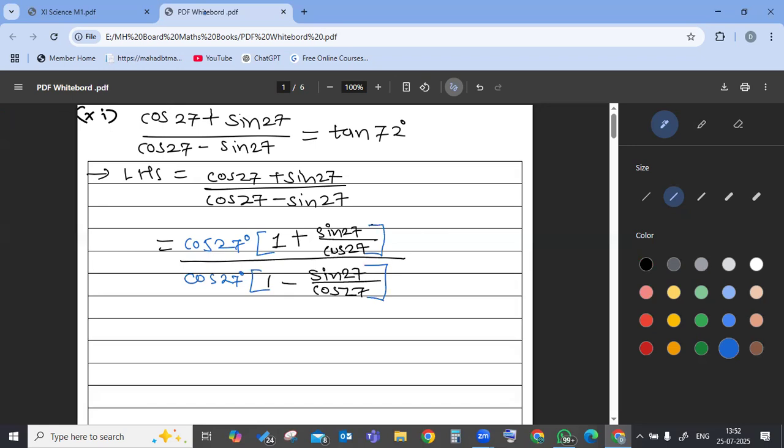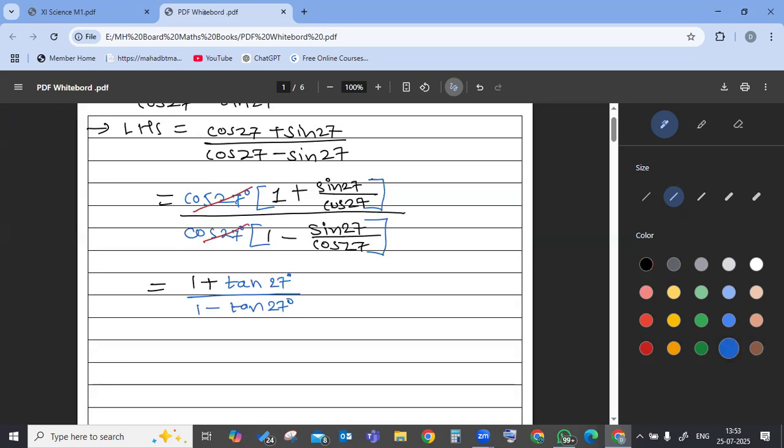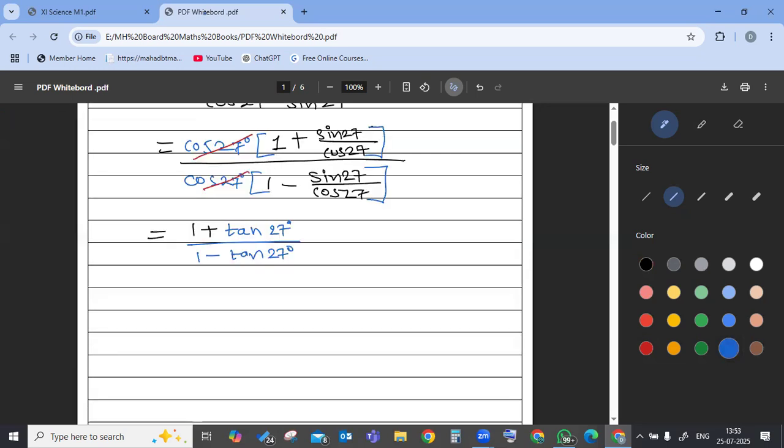See this, cos 27, cos 27 can be cancelled. Then what else is remaining? 1 plus sin 27 upon cos 27 can be written as tan 27 degree upon 1 minus tan 27 degree. Is it clear?